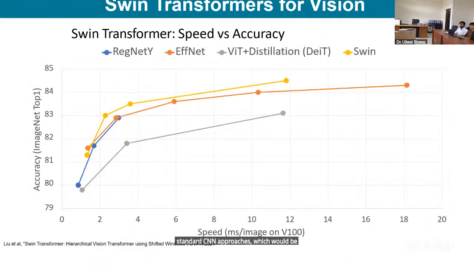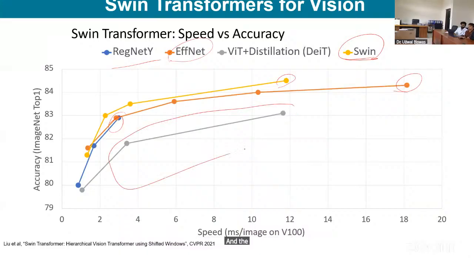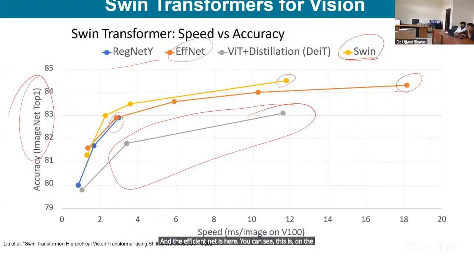seen here. Okay, here we have the Swin Transformer, the yellow one, the orange ViT, and the red ResNet. Okay, ResNet and the EfficientNet is here. You can see this is on the ImageNet data set.